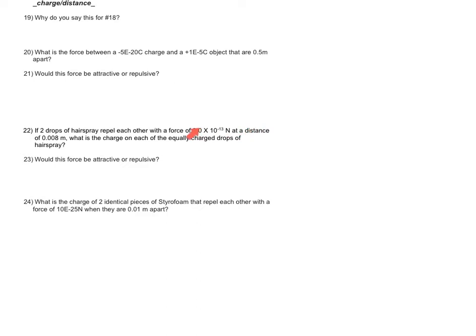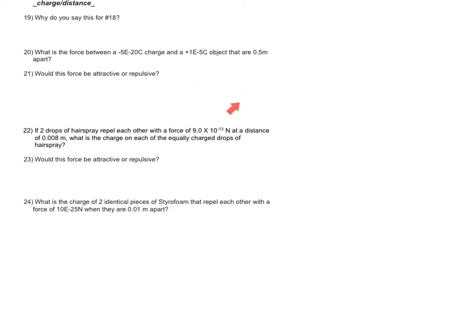Now, between force and distance, there is an inverse relationship, meaning if the distance increases, the force gets weaker. Because my distance is in the denominator, the force is equal to the inverse square of the distance.